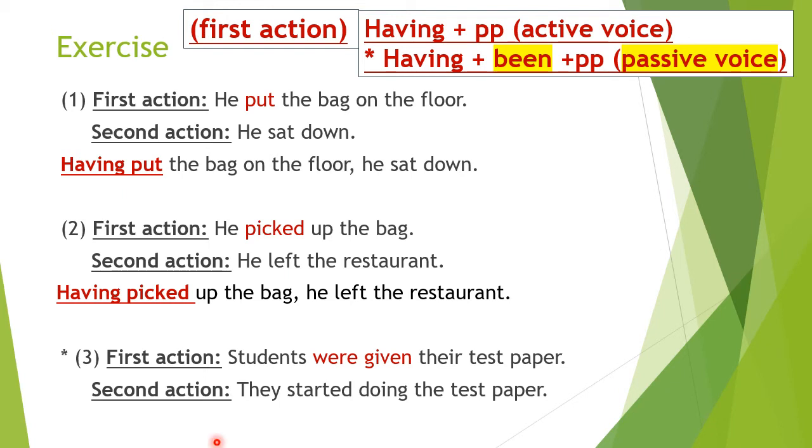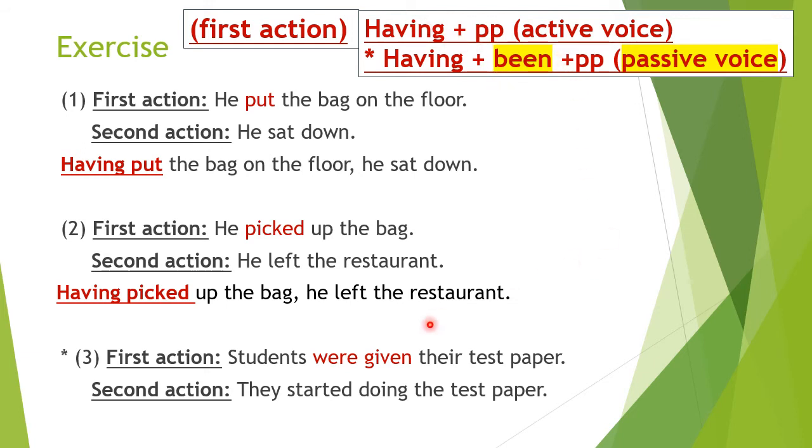What about number three? First action, students were given their test paper. Can you see were given? So this is a passive voice. For passive voice, we need to use the second format. We need to add the word been into the structure having plus PP.